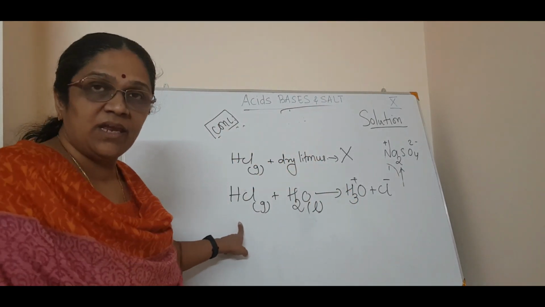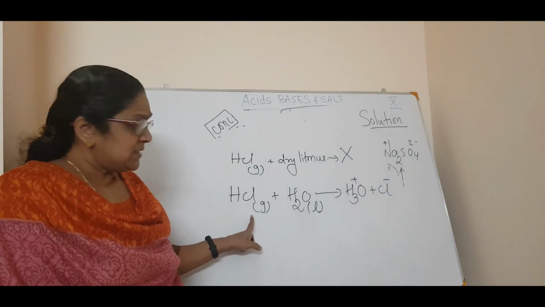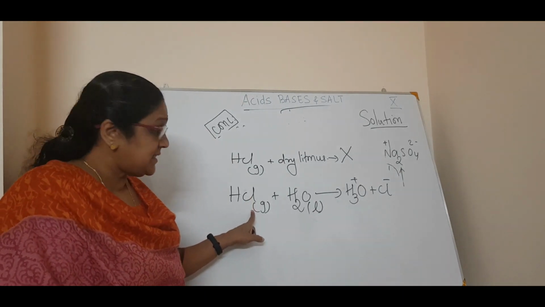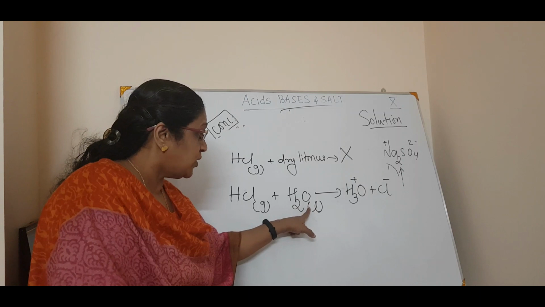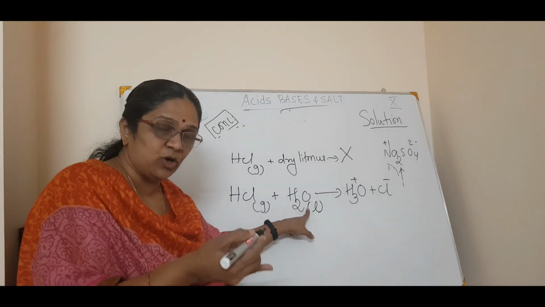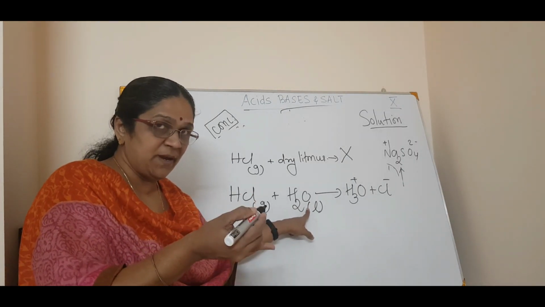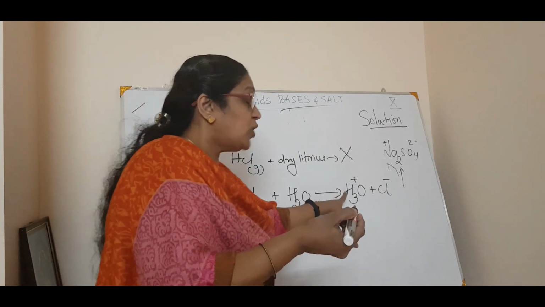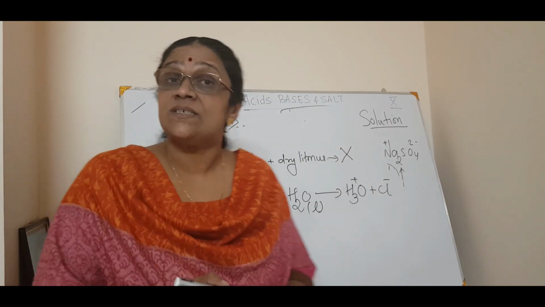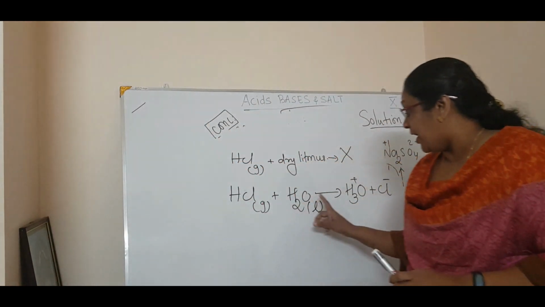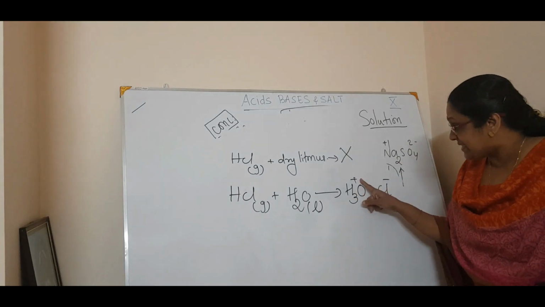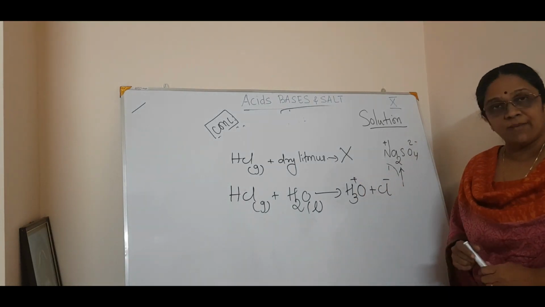See, it's very, very important. That means when HCl gas reacts with the water molecule, the liquid water in the moist blue litmus paper, ions are formed. That is the plus ion as well as the minus ion.